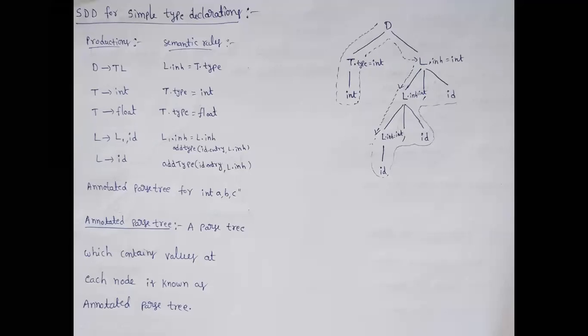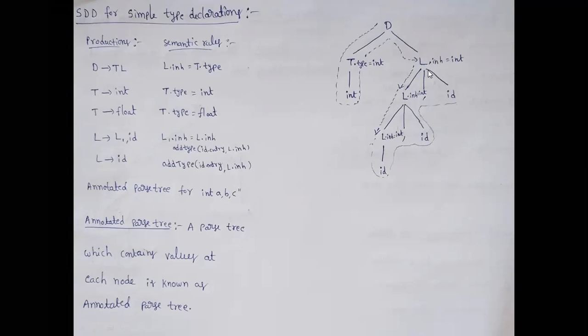Okay. So this is not a correct production. Why? Because in our expression we are having three identifiers: one identifier is a, another is b and another is c. Then we consider the production L produces L1 comma ID.